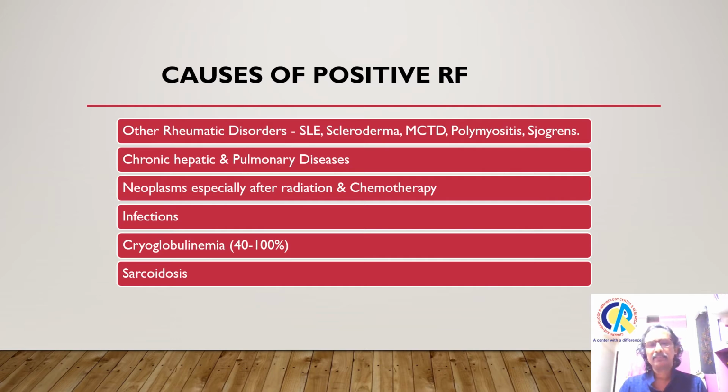It can be seen in several connective tissue diseases like systemic lupus erythematosus, scleroderma, MCTD, polymyositis and Sjogren's, and in chronic hepatic and pulmonary conditions, including tuberculosis. In neoplasms, especially after radiation and chemotherapy, and in lymphomas, one can have rheumatoid factor positive. Chronic infections like hepatitis C virus, HIV and hepatitis B can have rheumatoid factor positive, as can cryoglobulinemias. Rarely, sarcoidosis can also have rheumatoid factor positive.